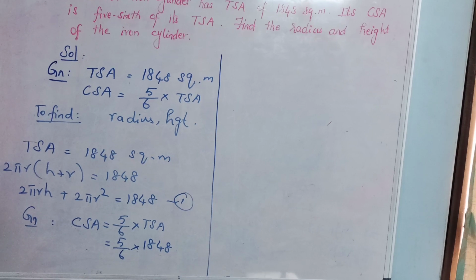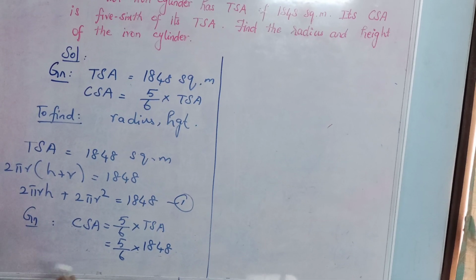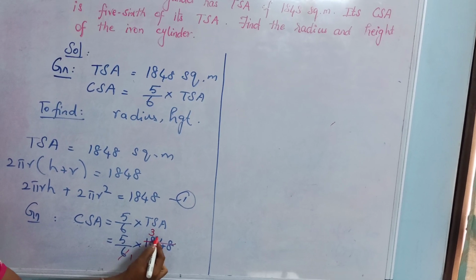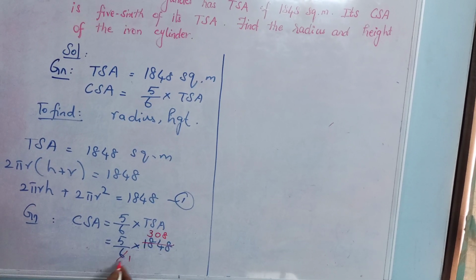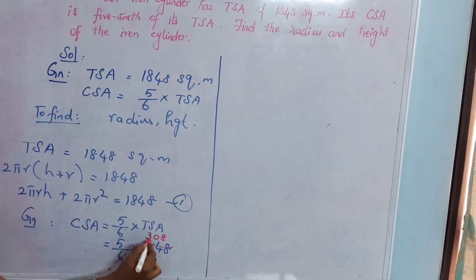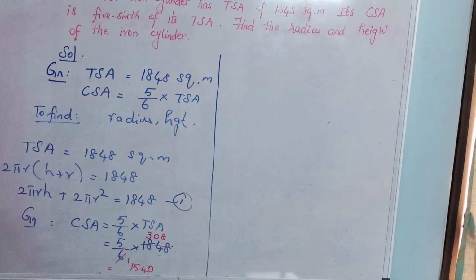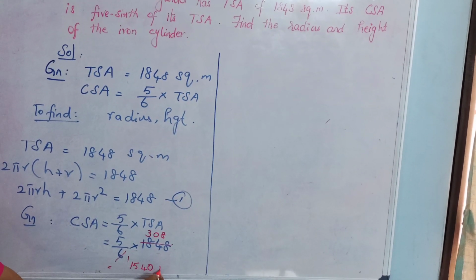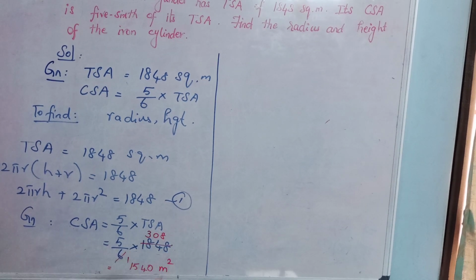Now we cancel: 6 ones are 6, 6 threes are 18, 6 eights are 48. On multiplying, 5 eights are 40, 5 threes are 15, so 1540. The unit is meter, and since it is area, it is meter square.